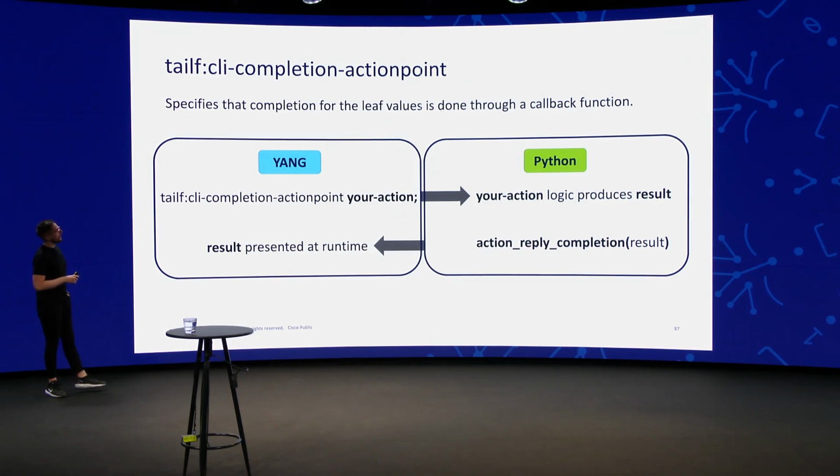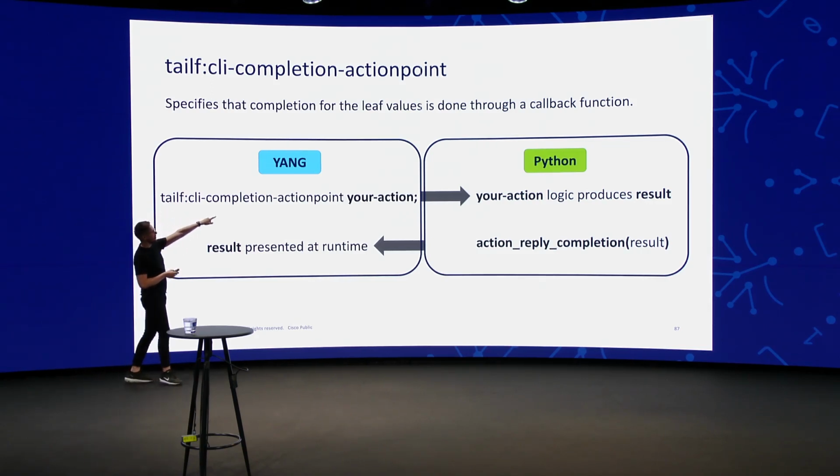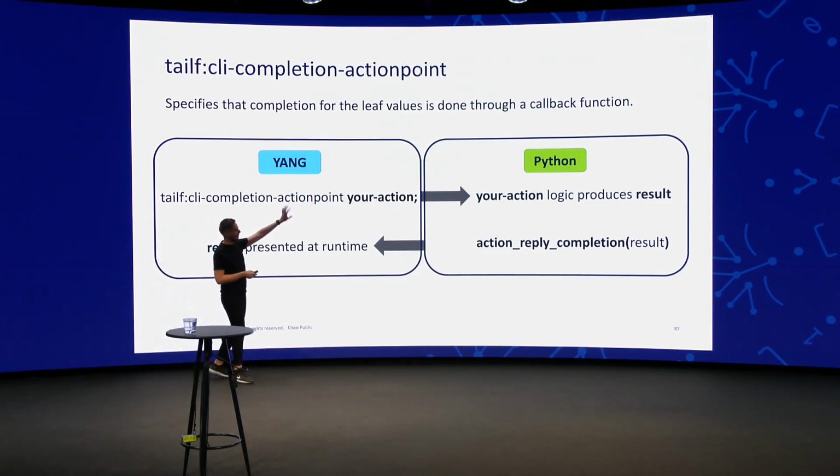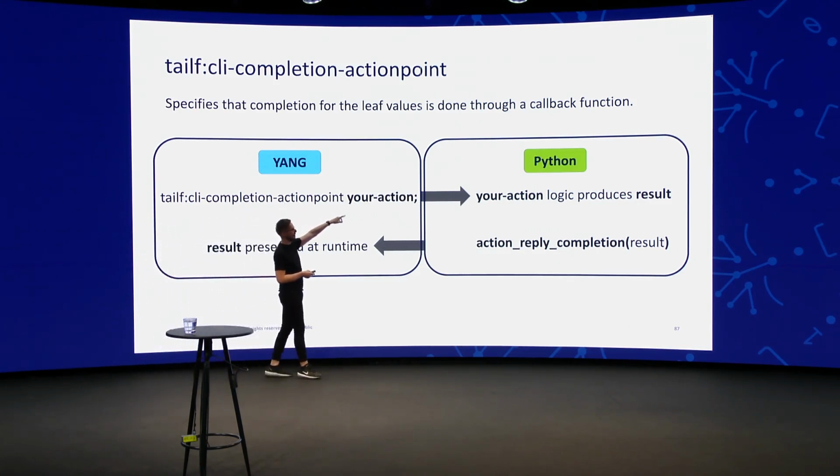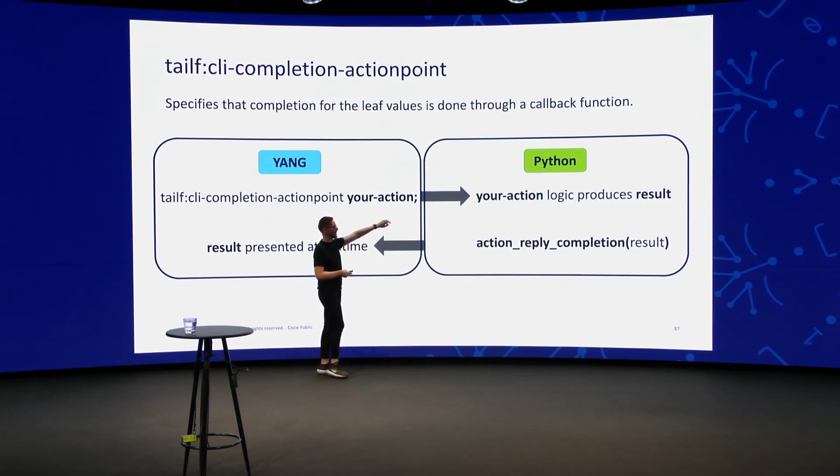And here we are in the runtime touching the Python code, Python action, actually, in order to provide us in the CLI the hints for something that is a bit more complex. We are using this CLI completion action point with the name of our action. This is a custom thing that is not necessarily your action. Don't copy paste it like that.